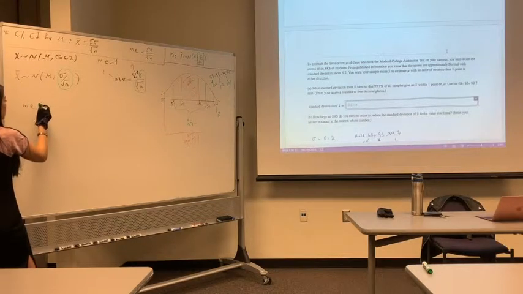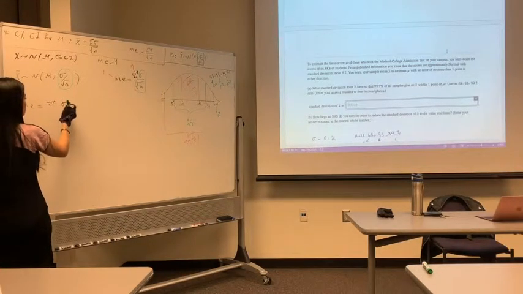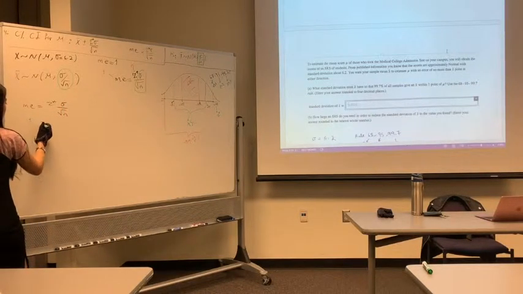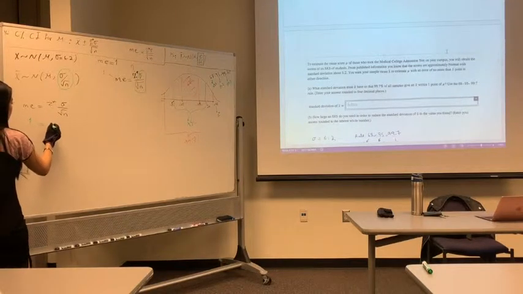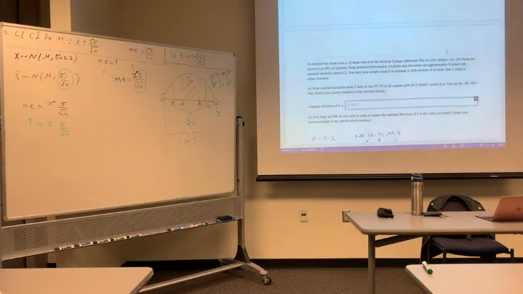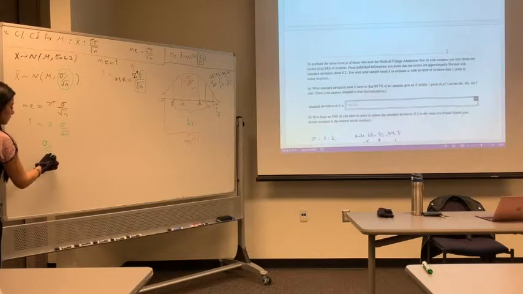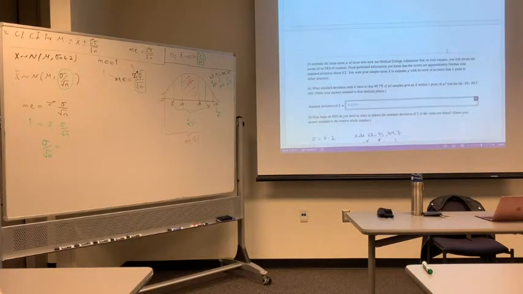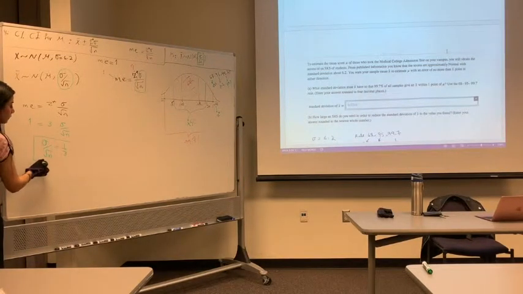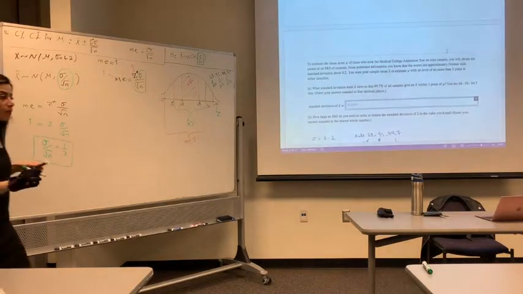Margin of error equals z star sigma over square root of n. For margin of error I have 1. For z star I have 3 sigma over square root of n. So now what is sigma over square root of n? 1 over 3, right? Divide both sides by 3, correct? So sigma over square root of n is 1 over 3.